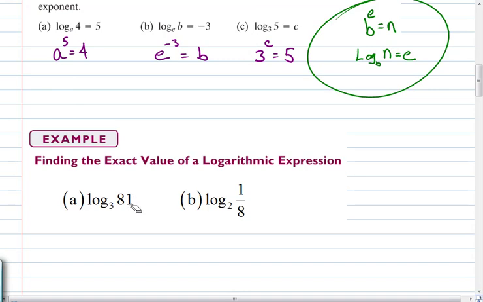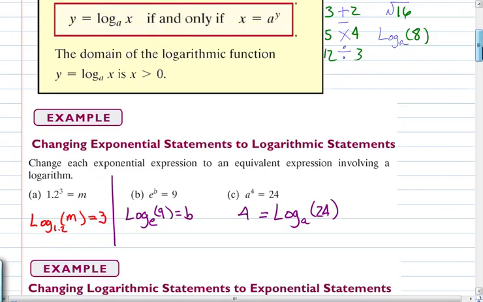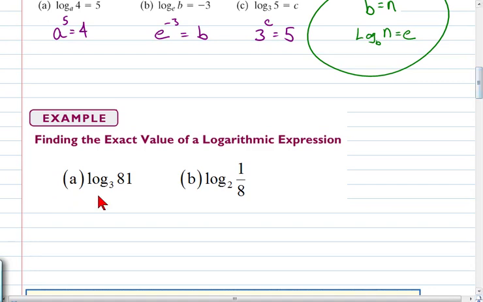You can find an exact value of a log, and here's how we're going to do it. Because you haven't worked with this operation as long as you've worked with the other operations, these are going to take a little bit of time and figuring to get comfortable with. So we're going to introduce a y to this problem. We're going to say y equals log base 3 of 81.